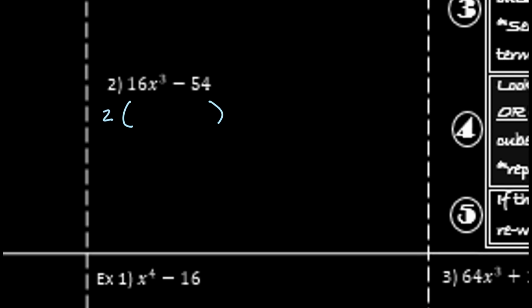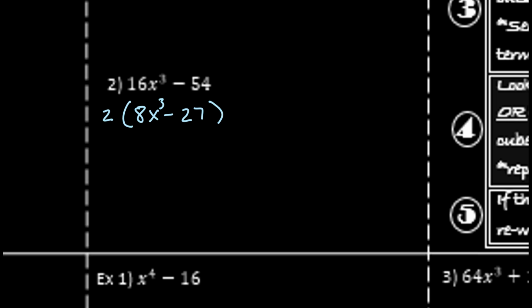What is 16 divided by 2? 8x cubed. And what is 54 divided by 2? 27. Are these now both perfect cubes? Yes, they are. So now I can use difference of cubes.